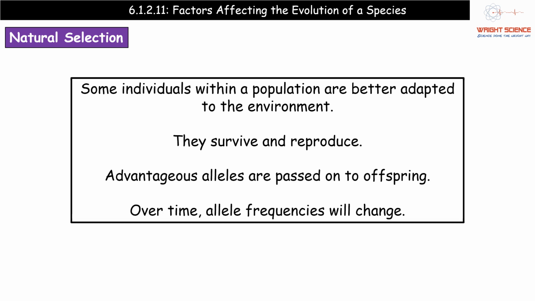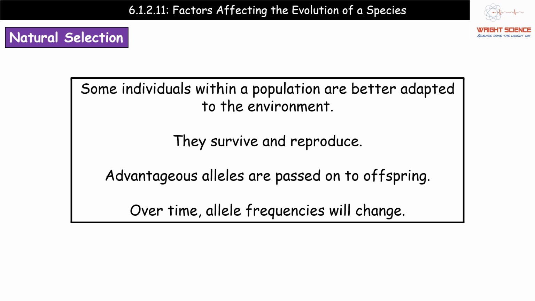So hopefully from GCSE we all remember the basics of natural selection, that when we are looking at a population, there is variation within a population as a result of these random mutations that have occurred over time. And that means that some of the individuals within a population will be better adapted to the environment in which they live. Those ones that are better adapted, so they've got these advantageous alleles, will survive and reproduce, and that means those advantageous alleles will then be passed on to their offspring.